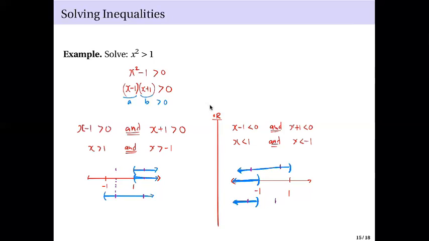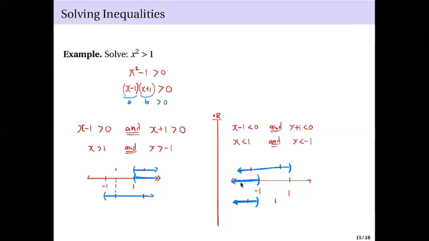So the word "or" here tells us that the set of solutions for this inequality is this set and also this set. Okay? So this set plus this set.